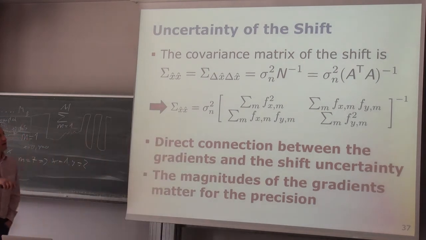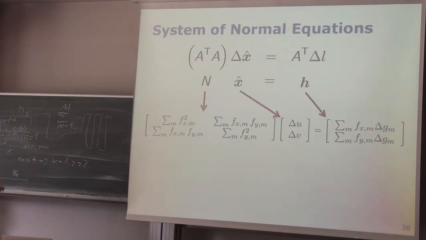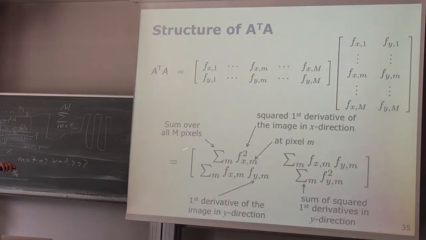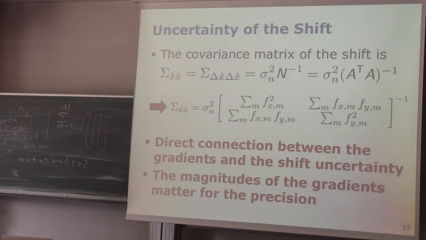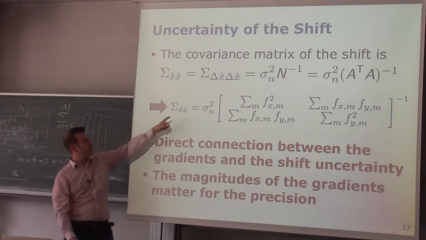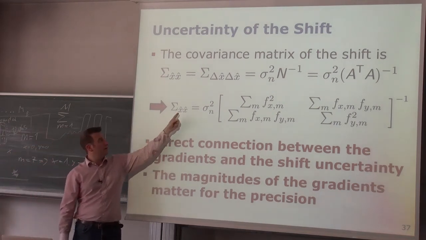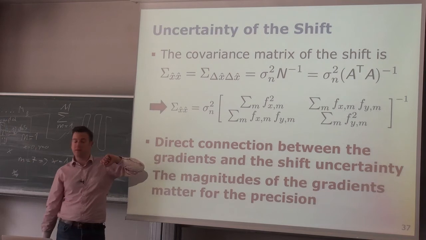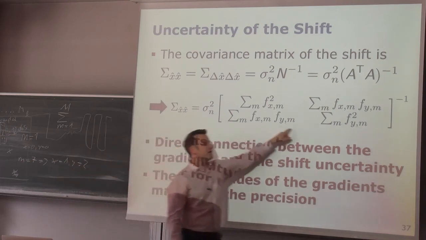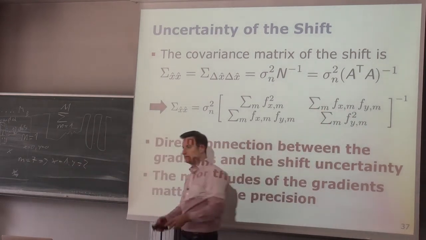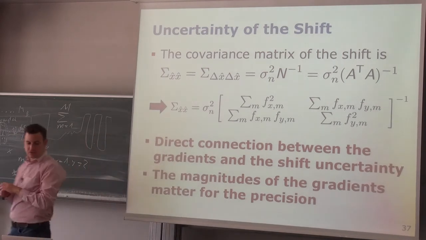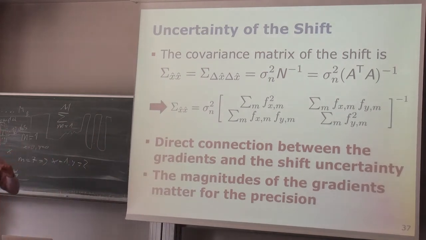Given that I know what A transpose A looked like, this was my A transpose A. As a result, the uncertainty about my shift depends on the inverse of this function. So this equation shows a direct relation between how accurately I can determine the shift and the gradients that I have.